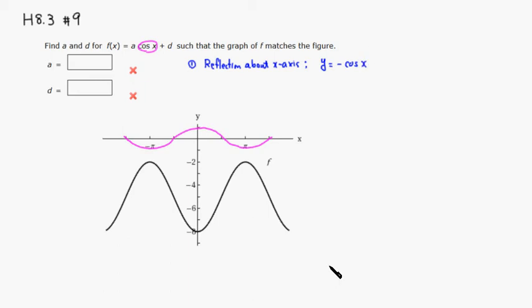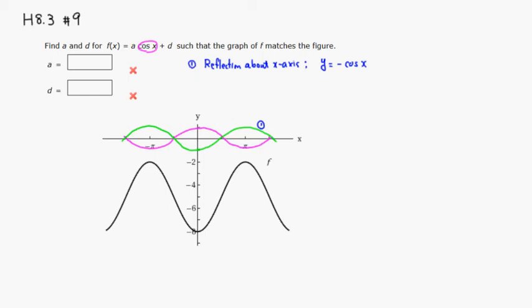That will give us a new picture. It's reflected, so it's going to look something like this, going up and like that. This is after the first transformation.